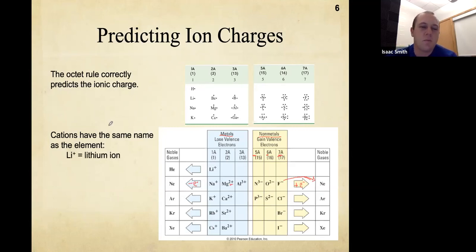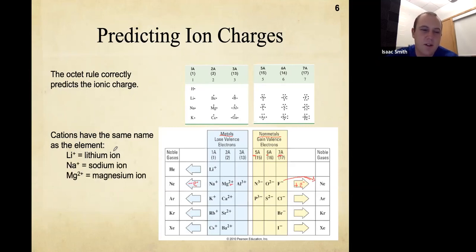Okay, so over here on the left of the slide, we're going to start talking about naming different compounds, okay? So cations will just keep the same name. So lithium is the name when you see Li, right? That's the name of that element, lithium. If it's lithium with a plus charge, it's still lithium, okay? You might add the word ion in there or something, but it's just lithium.